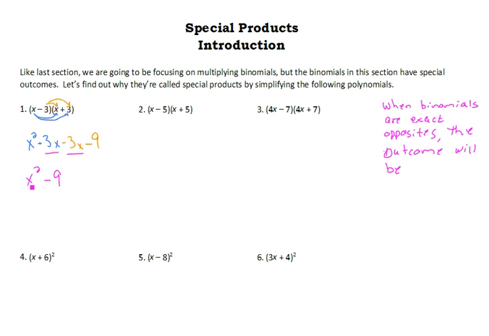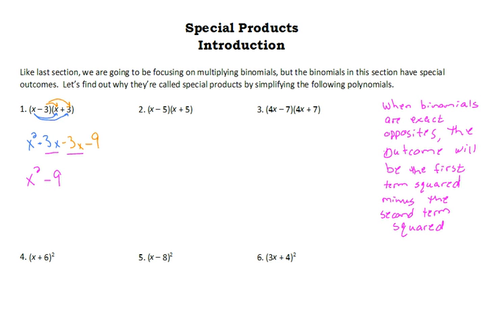Would you agree? 3 squared is 9, so it's the square of that number. So the outcome will be the first term squared and it's always going to be minus, and I will explain that in just a minute, minus the second term squared. And the reason why we're always going to be subtracting there is that if they are opposites, a negative times a positive is always going to give us a negative.